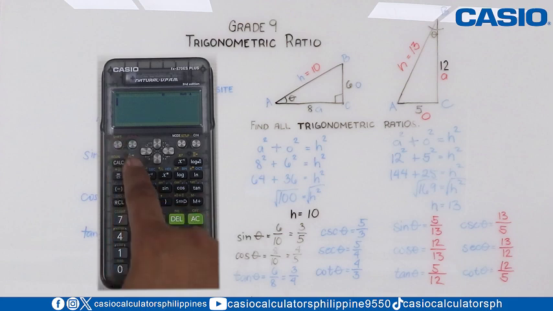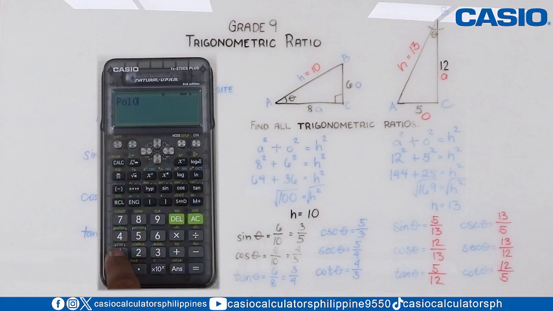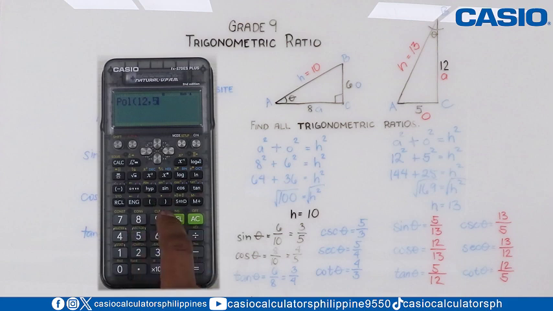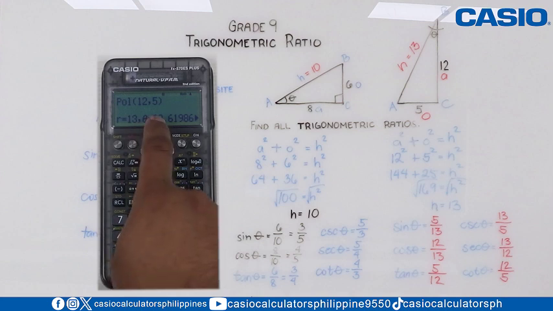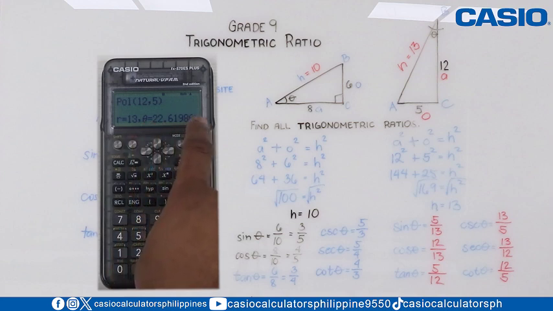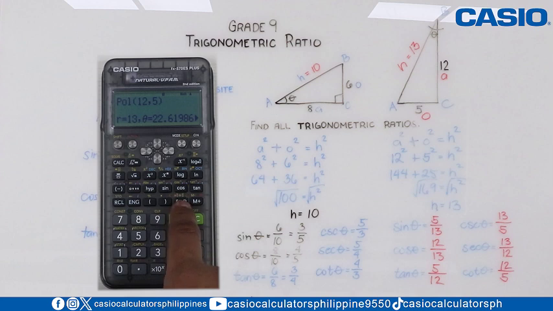So that will be pol 12, the adjacent side, and press comma, then 5 here. Press equals sign. So we have here the value of our hypotenuse, which is 13, and our reference angle, which is 22.61 and so on. 13 is saved in our variable x, and 22.61 is saved in our variable y.